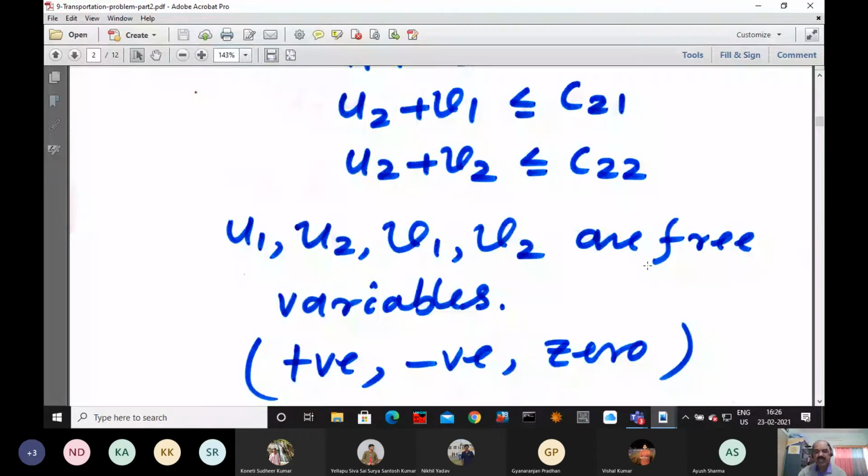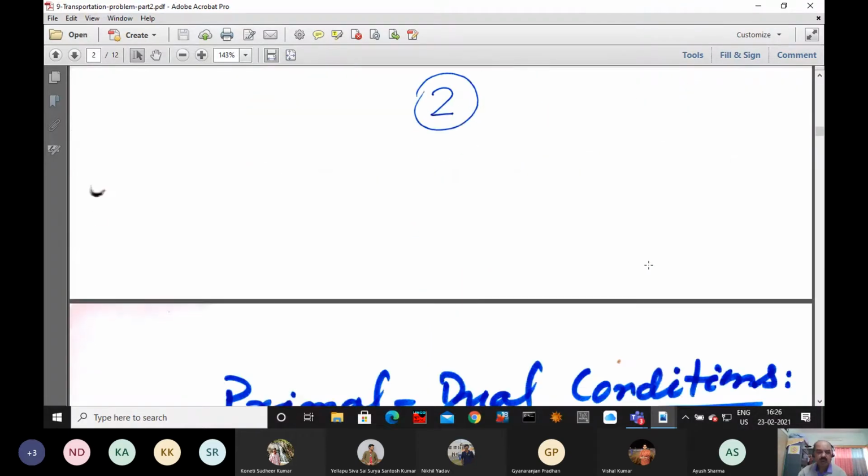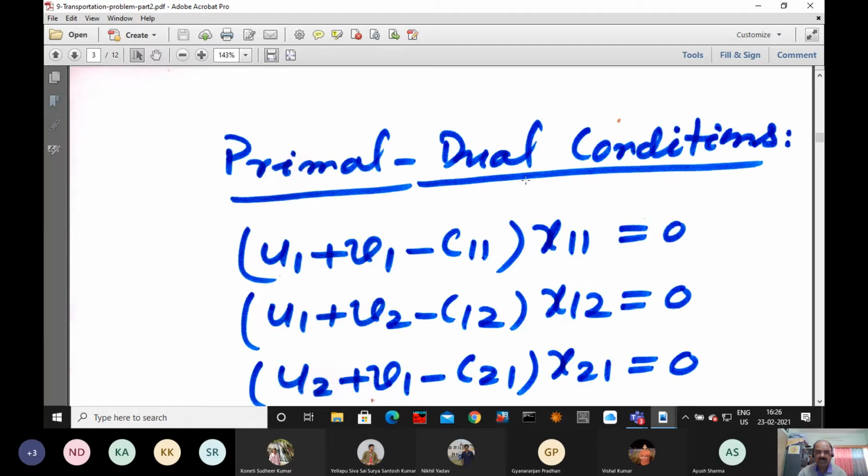So here we write in this manner: u1 plus v1 minus c11 into x11 equal to 0. Same rule we are applying here. This indicates either x11 equal to 0 or u1 plus v1 minus c11 equal to 0.